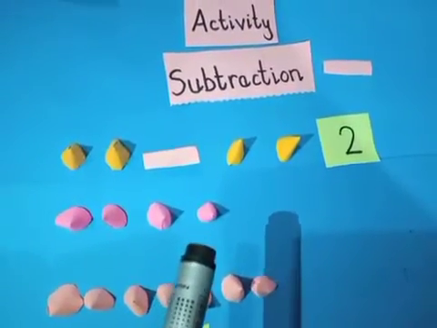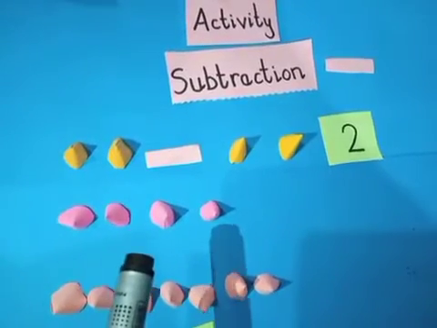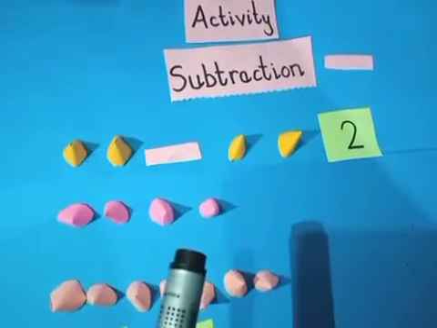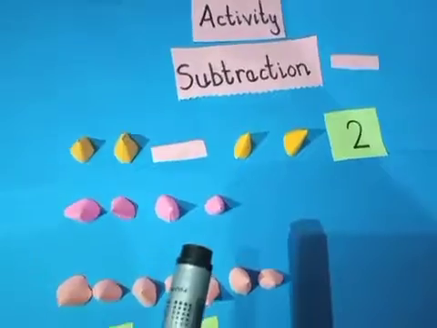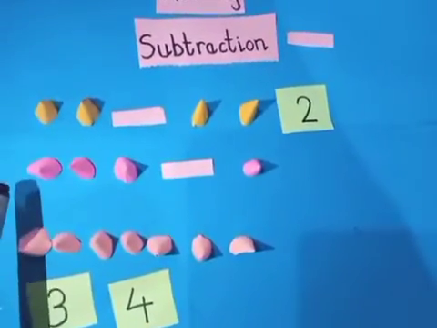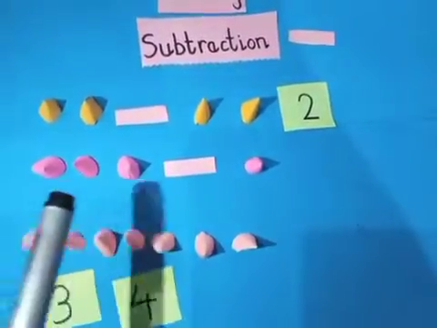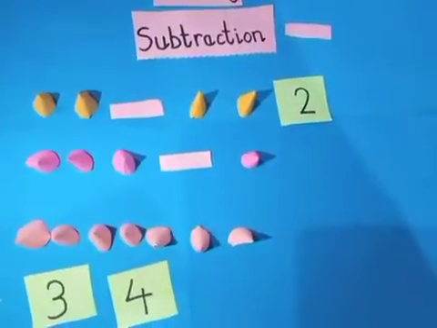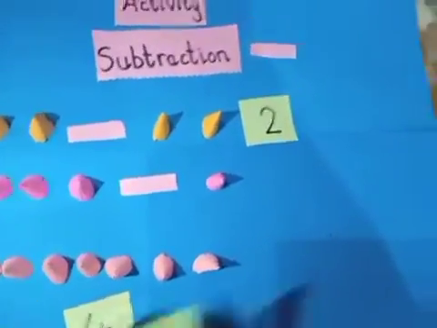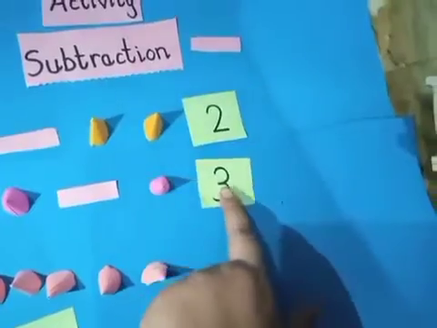If we less one cone from these 4 cones, how many cones are remaining? Let's see. 1, 2, 3. 3. We will place here number 3.